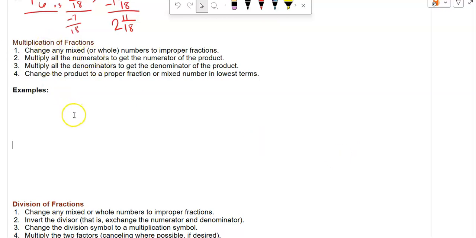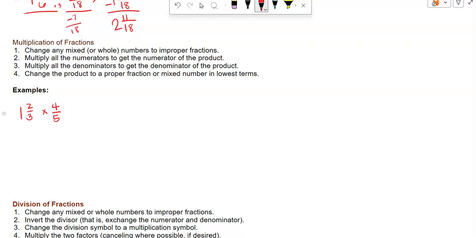Okay, finally, let's multiply fractions. And multiplying fractions is another easy thing to do. So let's say that we have 1 2/3 times 4/5. The first thing that we need to do is to change any mixed or whole numbers into improper fractions.